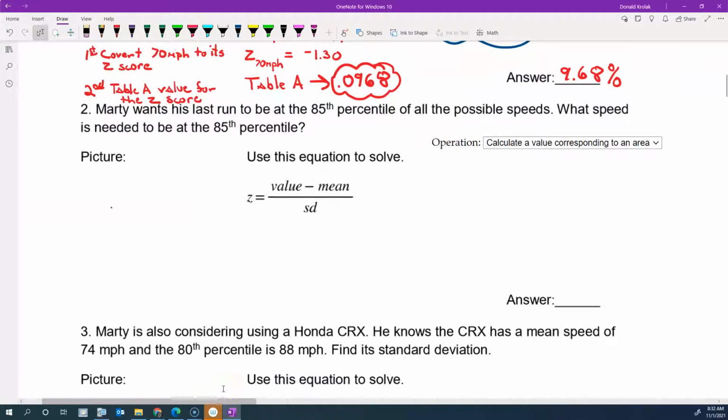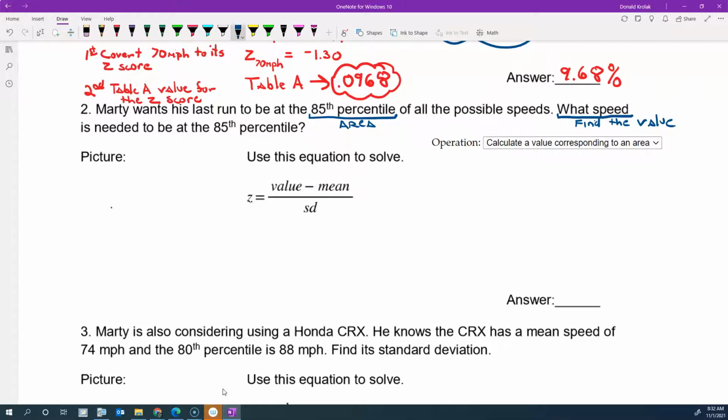All right, this one says Marty wants his last run to be the 85th percentile. Right here, it gave you the area. The question's asking you for the speed, so you want to find the value.